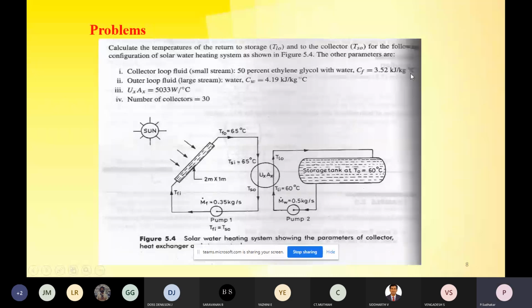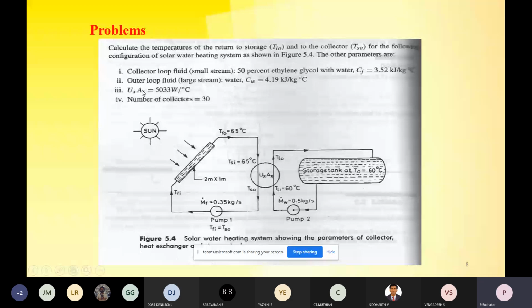Then the outer loop fluid, large stream. This is the outer loop, the fluid flowing from the heat exchanger to the storage tank, which is water, denoted by W. Its specific heat, as you know, is 4.19 kilojoule per kg degree centigrade.